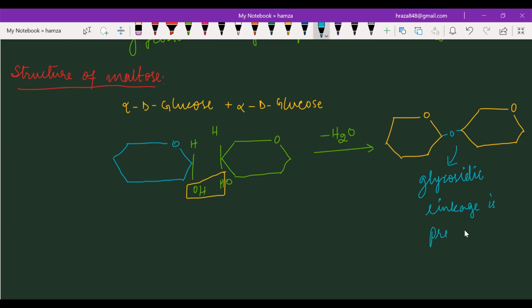You know that this is 1, 2, 3, 4, and this is 1, 2, 3, 4. So the glycosidic link is present at C1 and C4. Please write. The rest you can do, na? Alpha D glucose, you can easily write the whole structure of alpha D glucose.